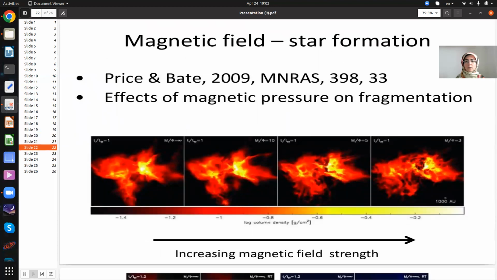Magnetic field and star formation. You see here the effects of magnetic pressure on fragmentation. Here, increasing magnetic field strength. At first, for example, we didn't have any magnetic field. As time went by, you see the magnetic field increases, and we have here a lot of magnetic field.